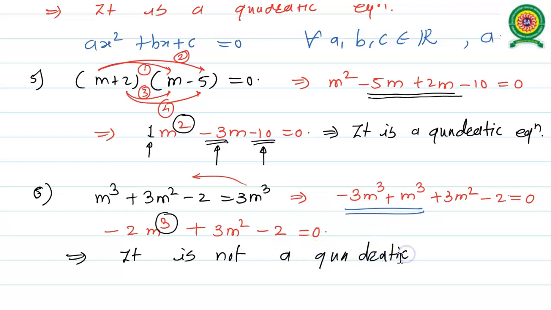Once the highest degree of the variable is not equal to 2, it is not a quadratic equation. Since the degree of the variable is 3, you may say that the given equation is a cubic equation in m.